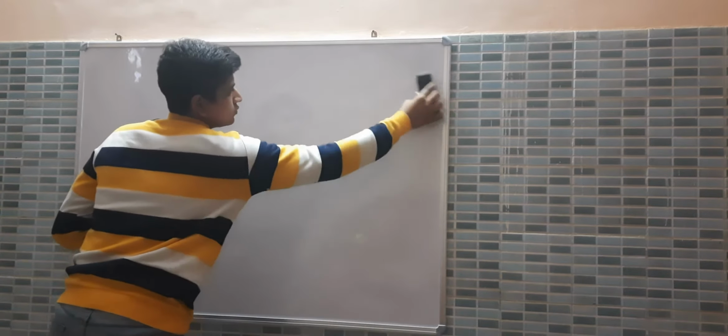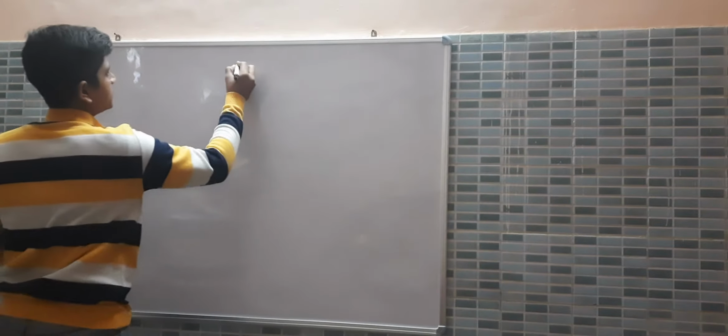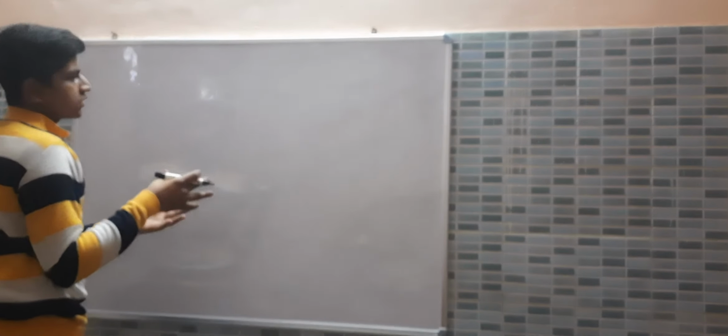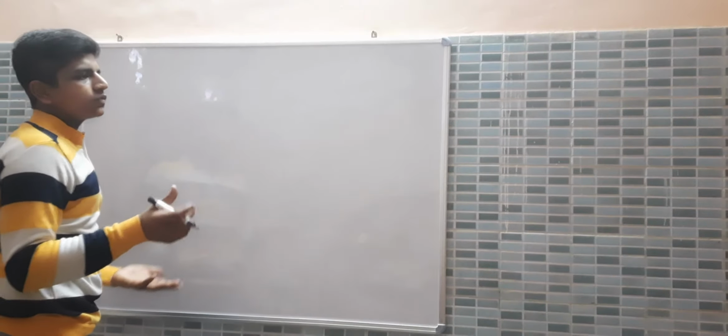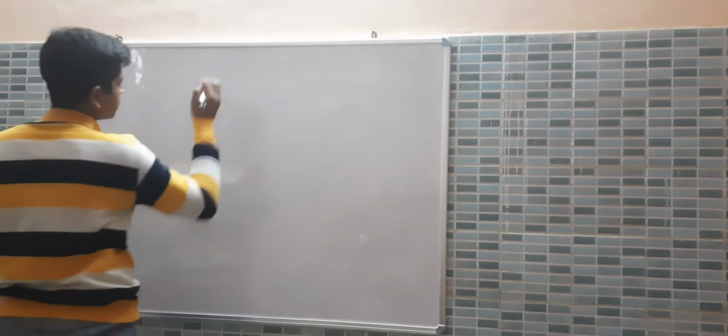So first of all, we are studying what the stamen is. We are enlarging the whole stamen part, to see how the stamen is working, what is the role of anther, and what is the role of filament.